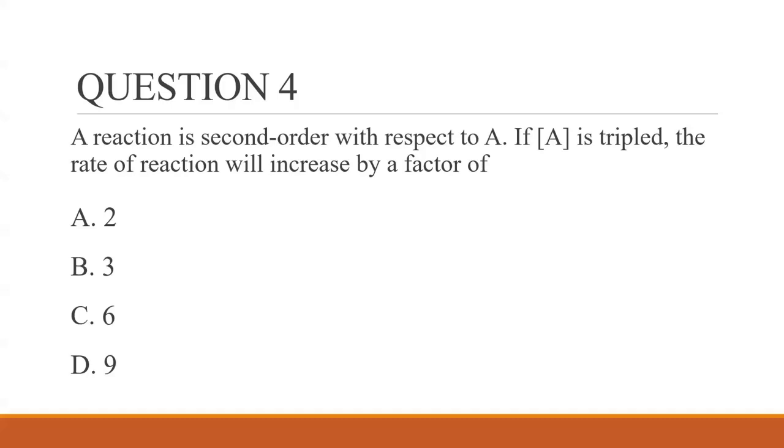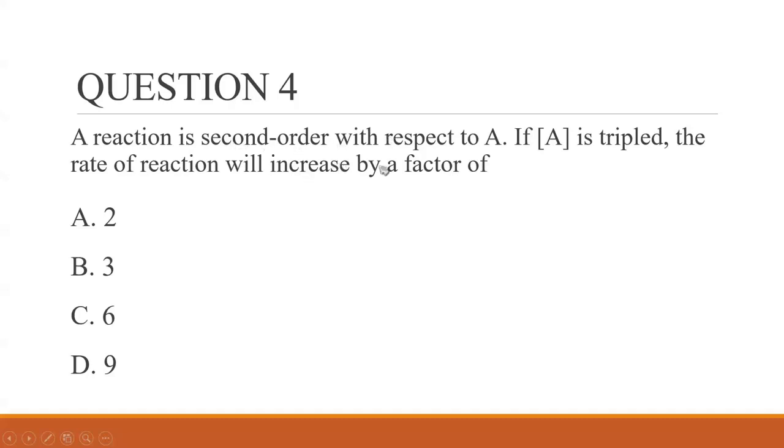A reaction is second order with respect to A. If the concentration of A is tripled, the rate of the reaction will increase by a factor of what? So you have to remember the rate law for a second order reaction.